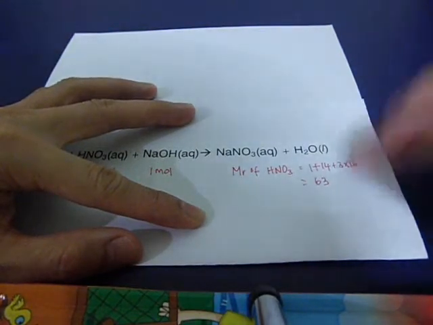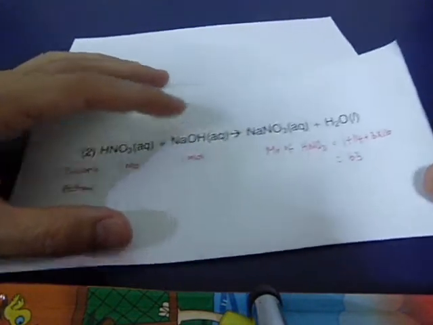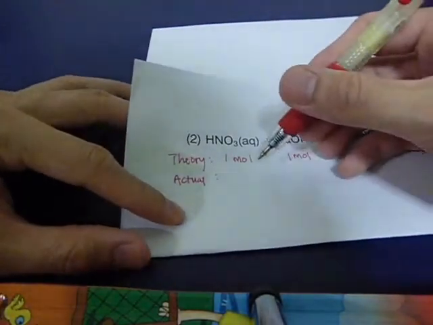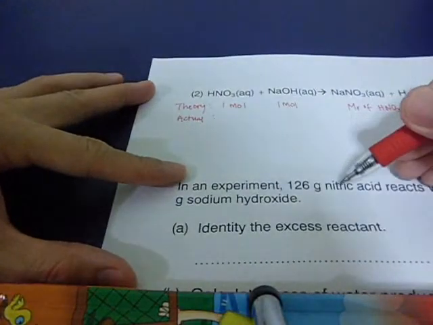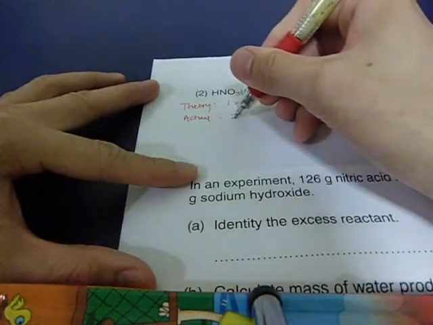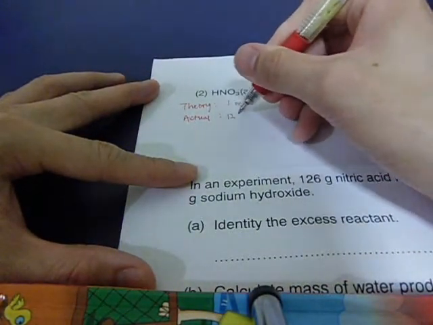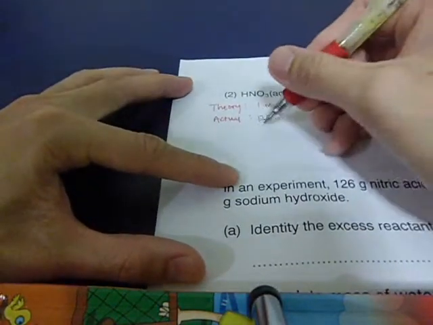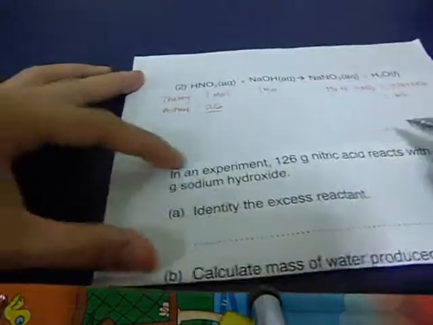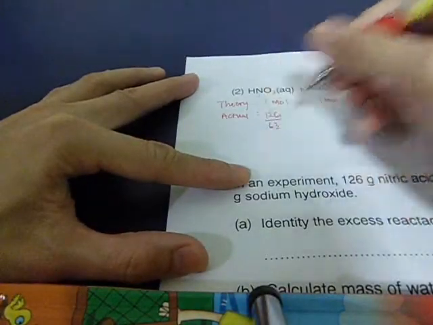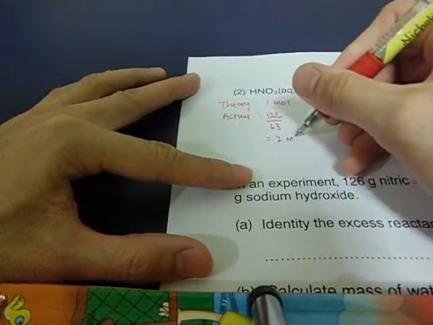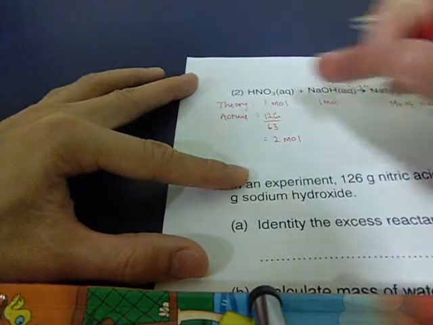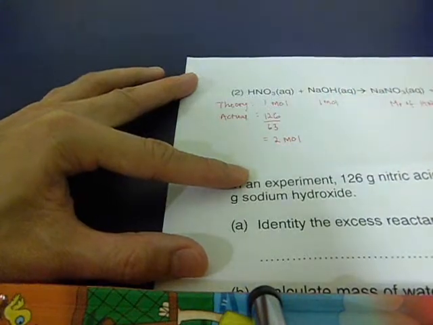MR has no unit, 63. So your HNO3, 126 gram. Number of mole is 126 gram divided by the MR, 63, and this equals 2 mole. For nitric acid in the experiment, 2 mole is used.